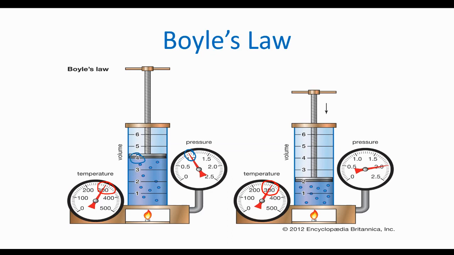But you can see that as we compress the knob, the volume of the gas is going to decrease to 2. We press the knob and we decrease the volume of the gas to 2. And the pressure, as that happens, rises from 1 to 2.